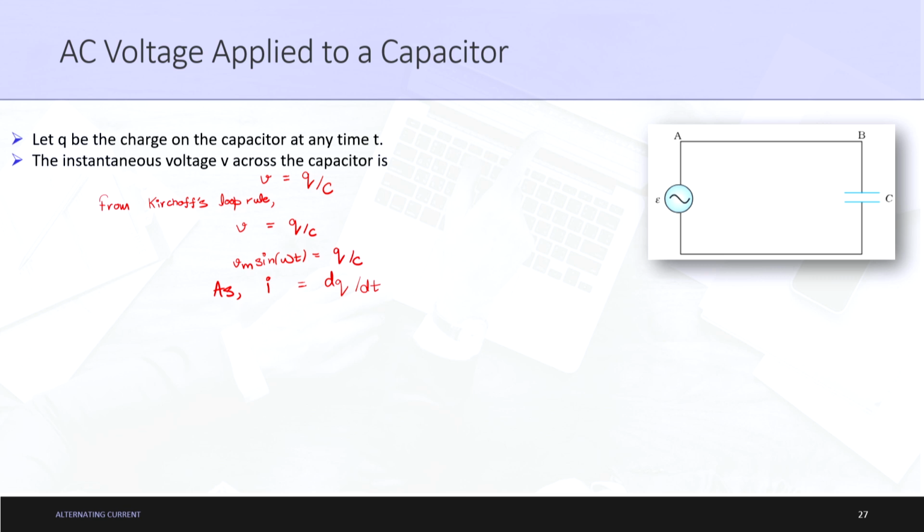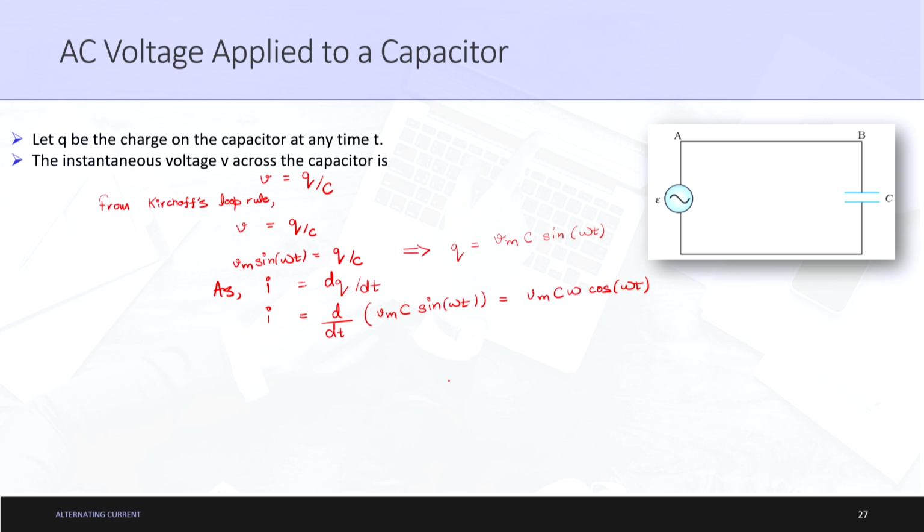So, from this equation we got that small q is equal to Vm capital C sin omega t, correct. So, we can write I as d by dt of Vm C sin omega t. This is equal to Vm C omega cos omega t, correct.